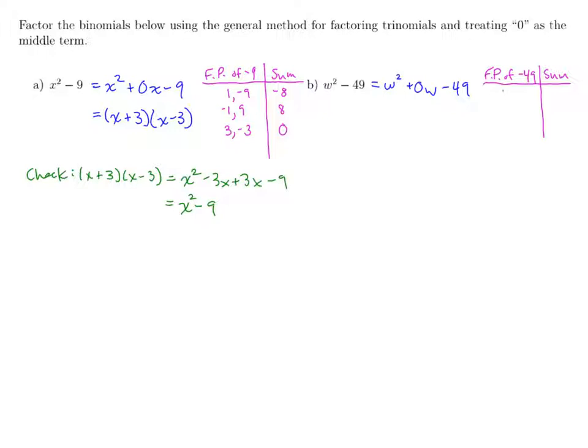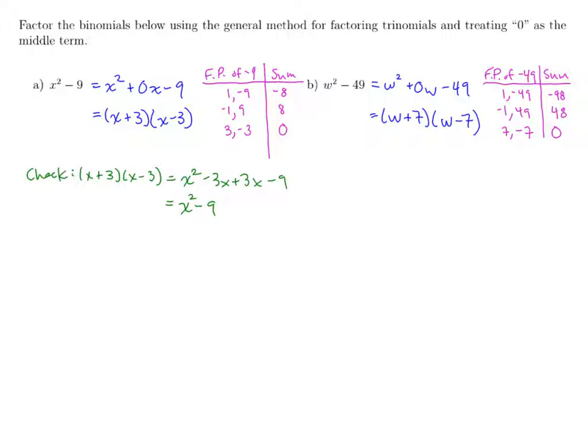So we could have 1 and negative 49, which would give us a sum of negative 48. We could have negative 1 and positive 49, which would give us a sum of positive 48. Or we could have 7 and negative 7, and that's going to give us our sum of 0. So when we factor this, it will be w plus 7 times w minus 7.